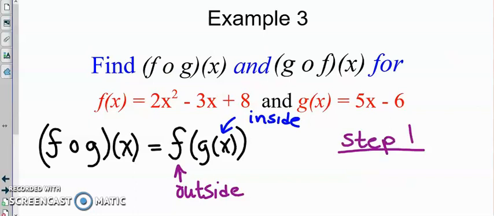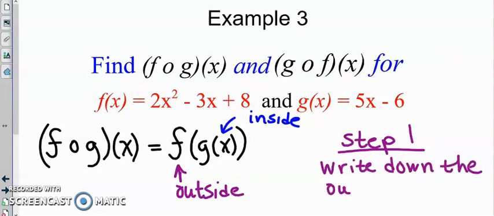So for step 1, we're going to write down the outside function.